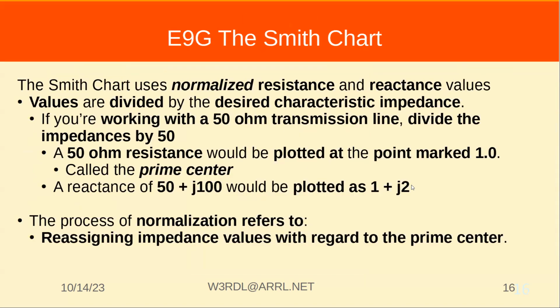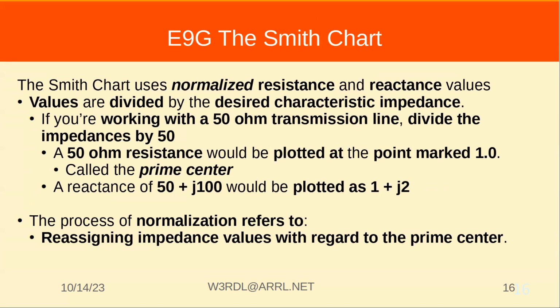Okay, so I mentioned before we use normalized resistance and reactance. So if you're working in this example of a 50 ohm system, you divide everything by 50 ohms. Therefore, if you had 50 plus j100, you're going to plot it as 1 plus j2.